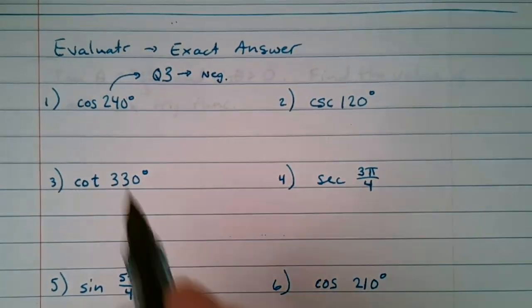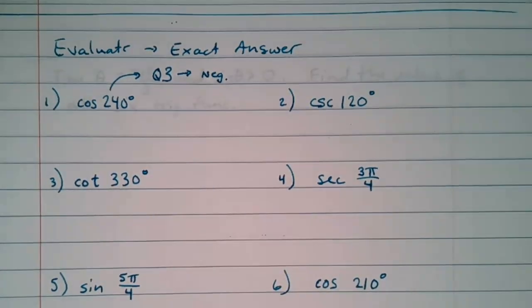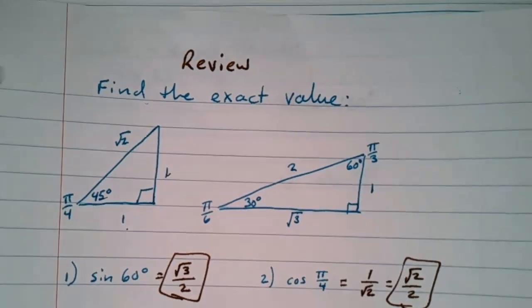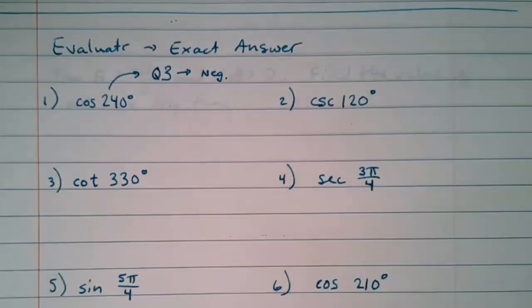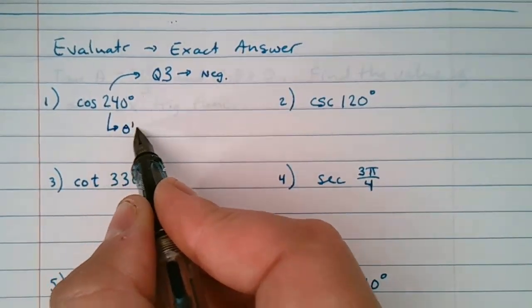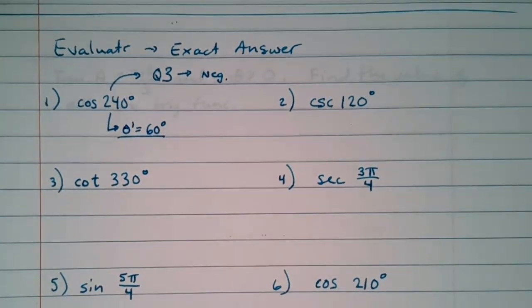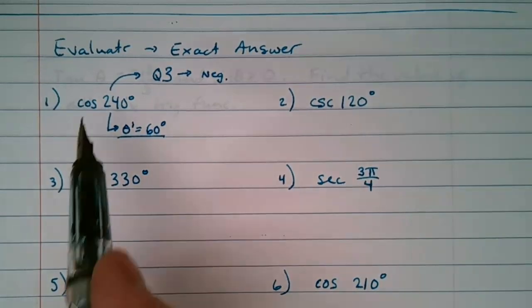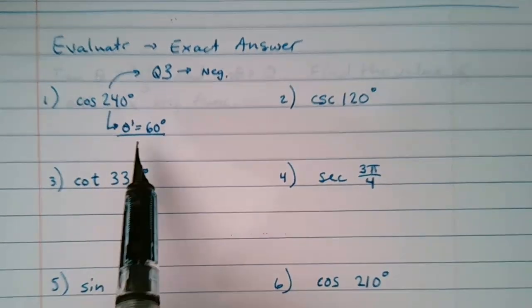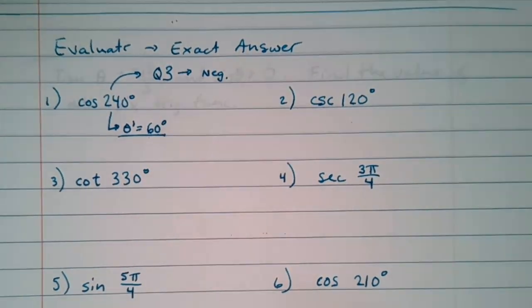Okay? 240. I don't have 240 on my magic sheet here. So I got to find an angle that's on my magic sheet. Well, theta prime for 240 is 60. So basically what I'm finding when I ask you to find cosine of 240 is you're actually finding the cosine of 60 in quadrant 3.